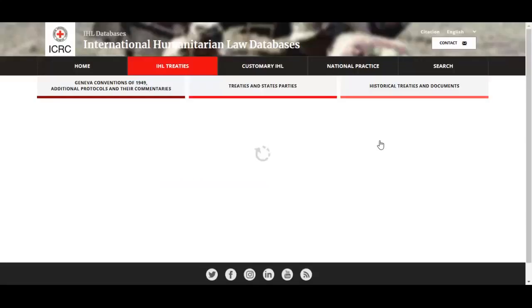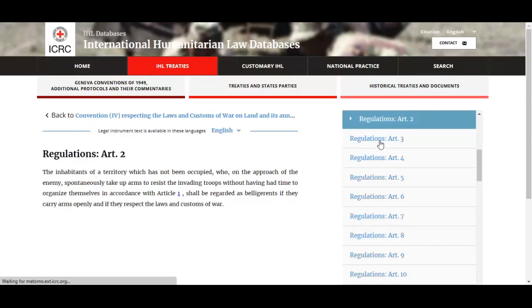The inhabitants of a territory not under occupation, who, on the approach of the enemy, spontaneously take up arms to resist the invading troops, without having had time to organise themselves in accordance with Article 1, shall be regarded as belligerents if they carry arms openly and if they respect the laws and customs of war.